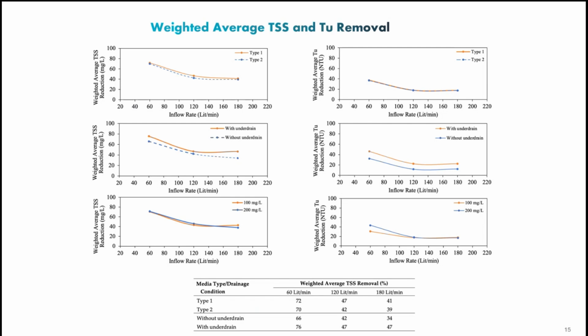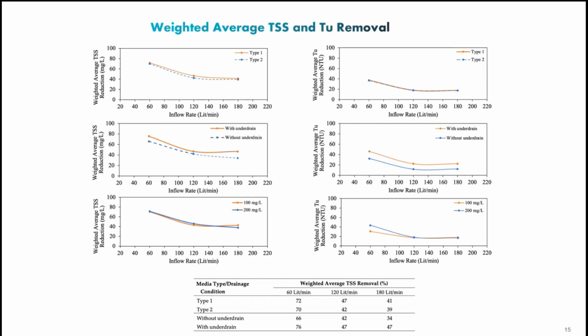On the second one, on the left side, we are looking at with and without the drainage system. As we discussed, when you have the drainage in place, you're increasing the infiltration rate, so the efficiency of the system is better. So we can see the orange curve is above the blue one, meaning that adding the perforated pipe to the soil would improve its efficiency.